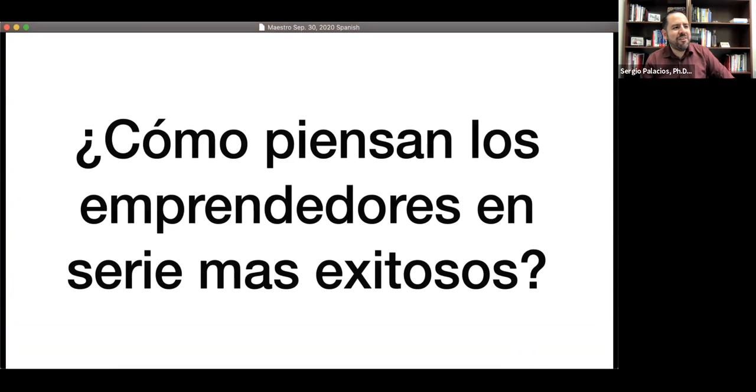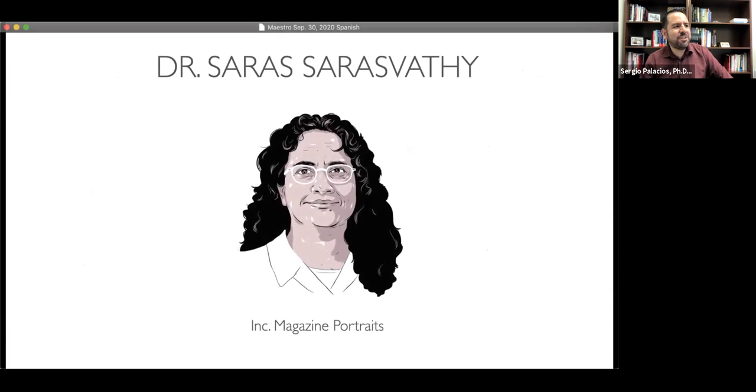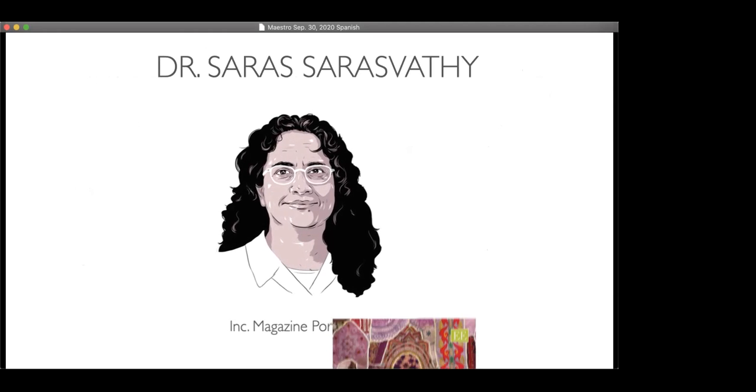Me encanta lo que voy a hablar porque es sobre cómo piensan los emprendedores en serie más exitosos. La idea es cómo piensan. Y en este caso voy a hablar de la doctora Sarasvati. Ella es una campeona en emprendimiento, es increíble.